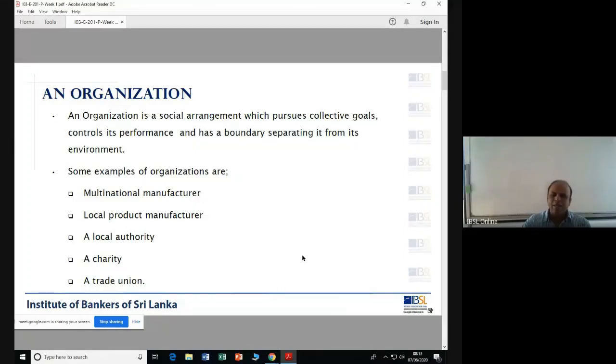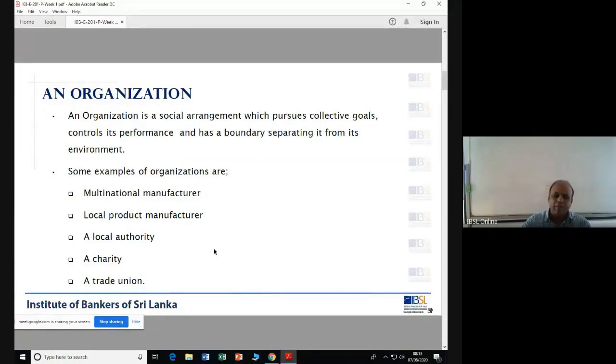Let's say a multinational manufacturer. A multinational manufacturer means a person who is manufacturing products globally and having a distribution. Secondly, a local product manufacturer is one who is producing goods to cater to the local market.